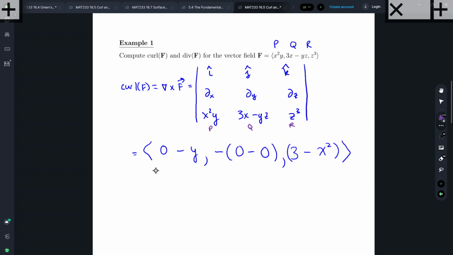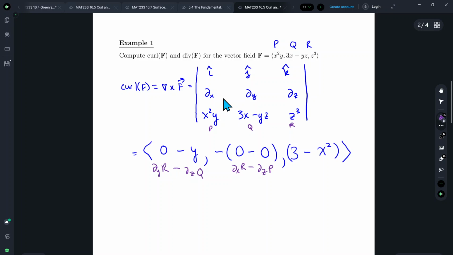So this is del y applied to R, and then minus del z applied to Q, and then this was, I have the extra minus, then this is del x applied to R minus del z applied to P. And then this last one was del x applied to Q minus del y applied to P. Okay, so that was the calculation.